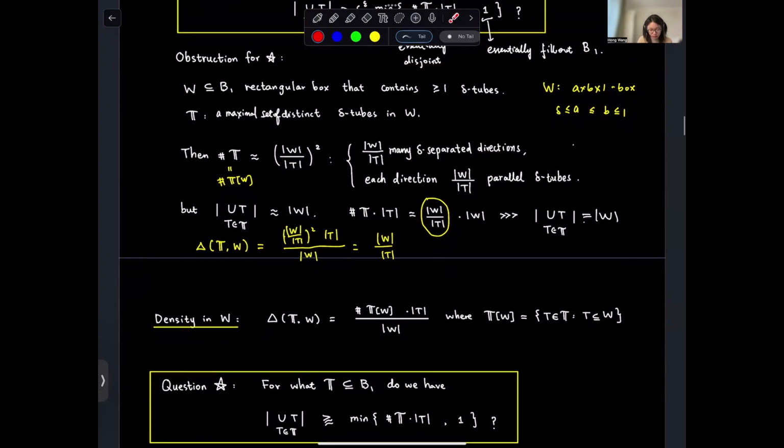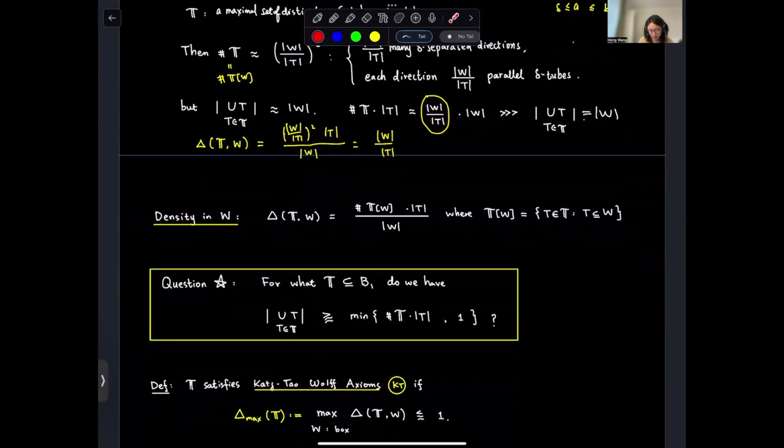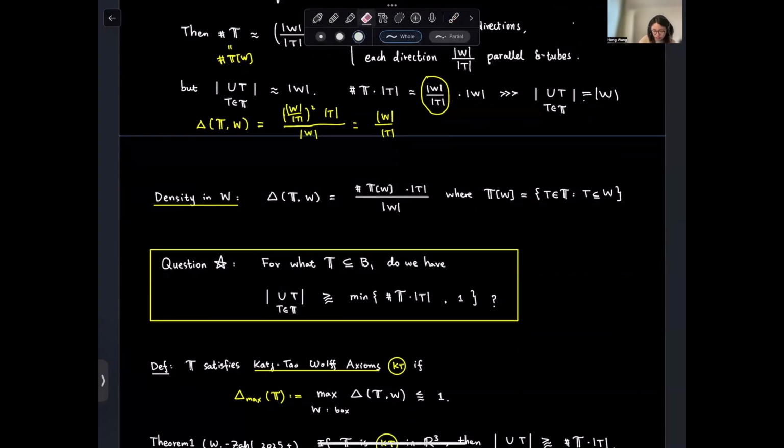So a reasonable criterion is the following. We say that a set of tubes satisfies the Katz-Wolff axioms if the density of the set of tubes in any box W is bounded by 1. This means bounded by delta to the minus epsilon.